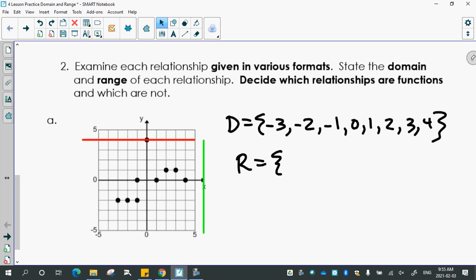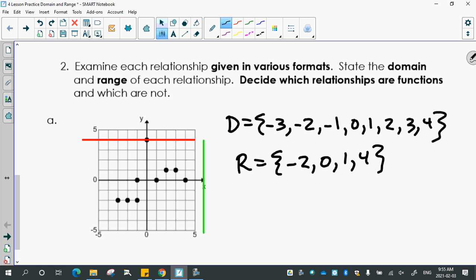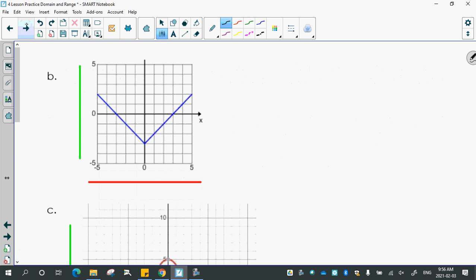Does everyone see that? Okay, so my range is going to be -2, 0, 1, and 4, from lowest to highest. When I was first learning this, I used my pencil going across and from the bottom to help me. If you're a visual learner, that should help you.